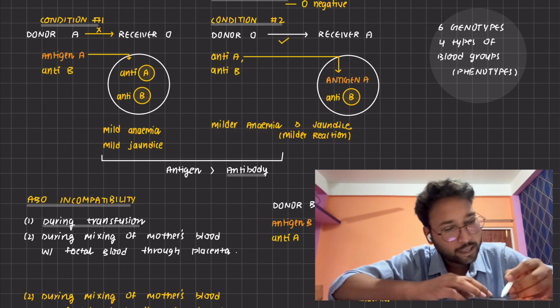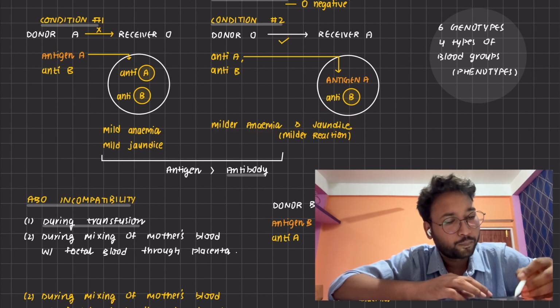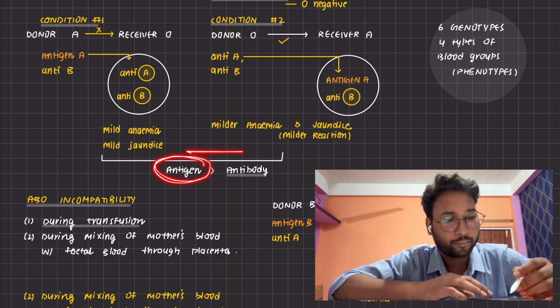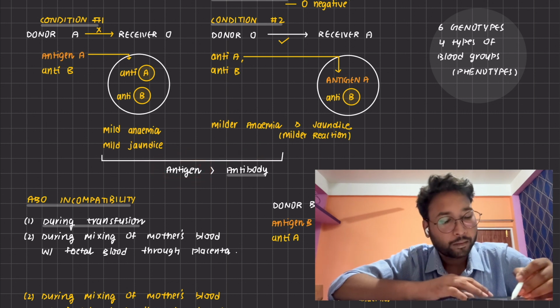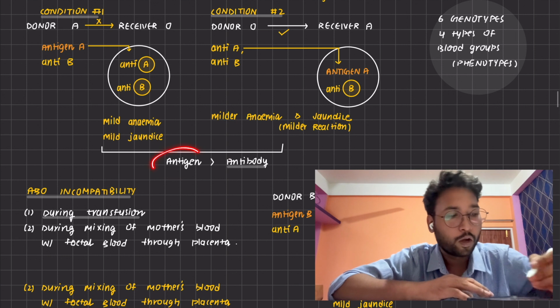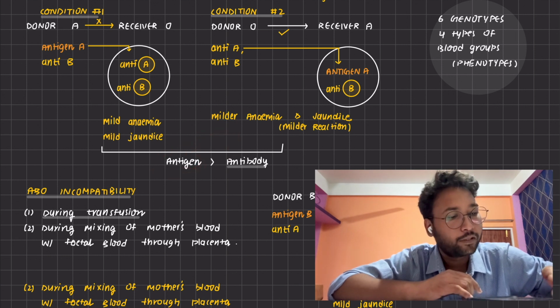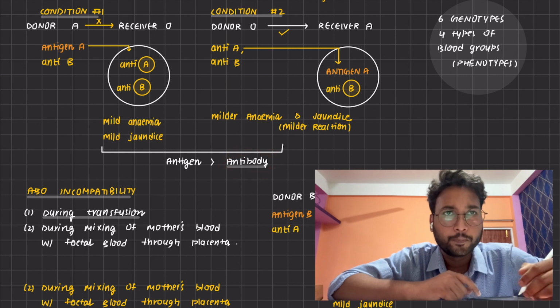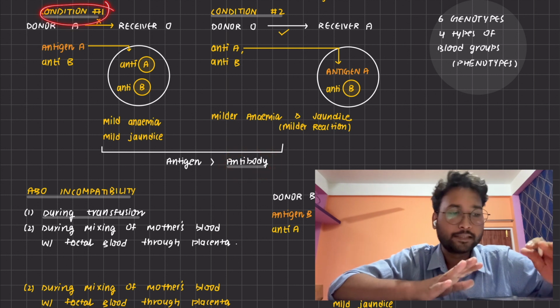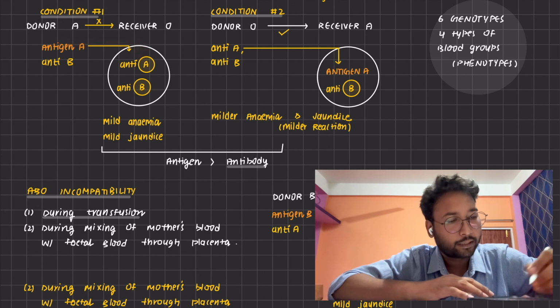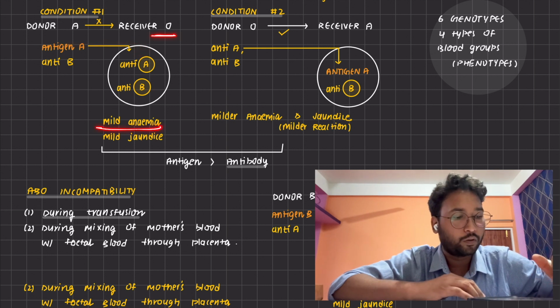That is why we can't donate blood of A blood group to the receiver O. But we can donate blood with O blood group to the receiver A blood group, right? This is the scenario. We have seen condition 1 and condition 2.